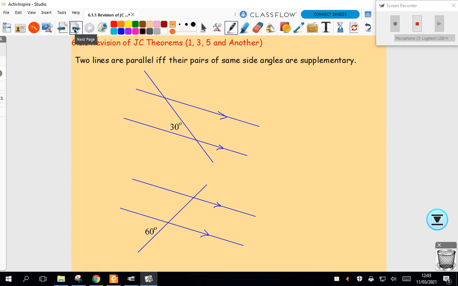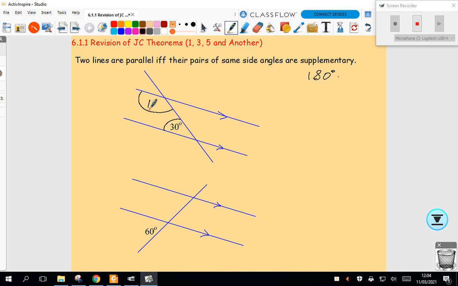Two lines are parallel if and only if their pairs of same side angles are supplementary. So here we're in the interior. We're given the lines are parallel. This is an interior angle 30. Together with its same side interior angle, this one, they are supplementary. Remember, supplementary means adds to 180 degrees.